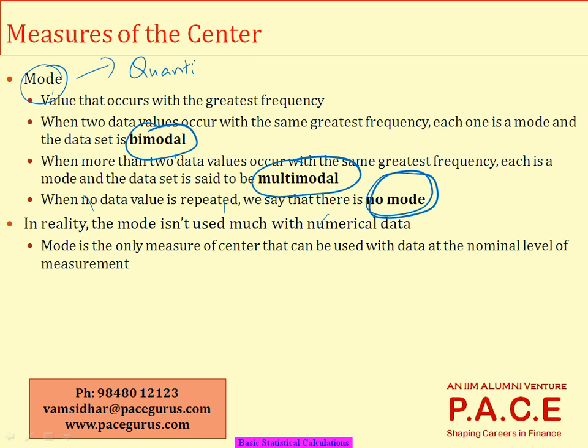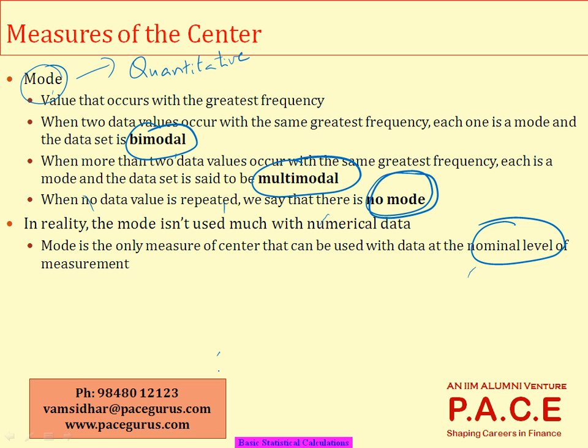In most cases, mode is used only for qualitative or categorical data, typically data with a nominal level of measurement, like male and female, and how many of each. So mode is generally associated with qualitative or categorical data, because for categorical data I cannot use a mean or a median at all.